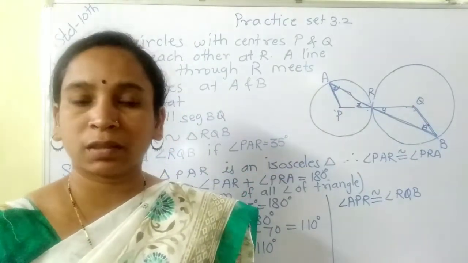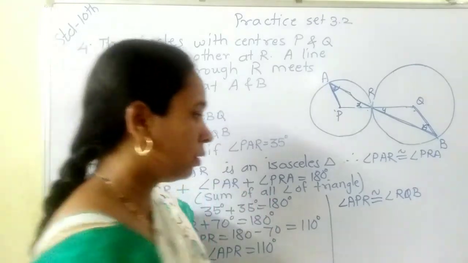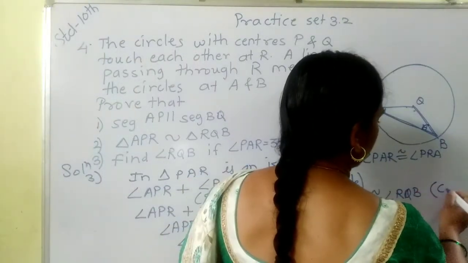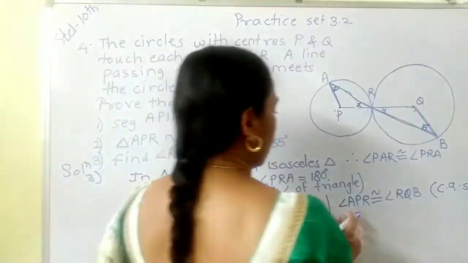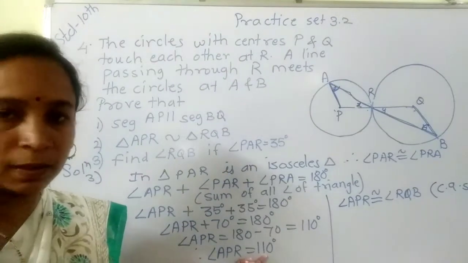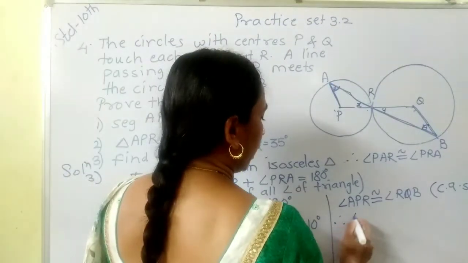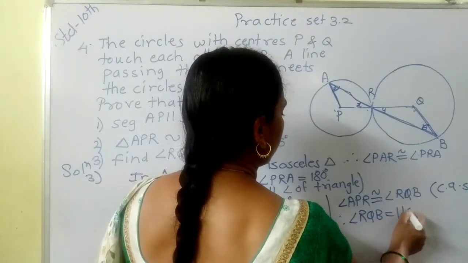If these two triangles are similar, their corresponding angles are congruent. So here I can write the reason: corresponding angles of similar triangles. Now APR, we have found, is 110. Therefore angle RQB is also 110 degrees.